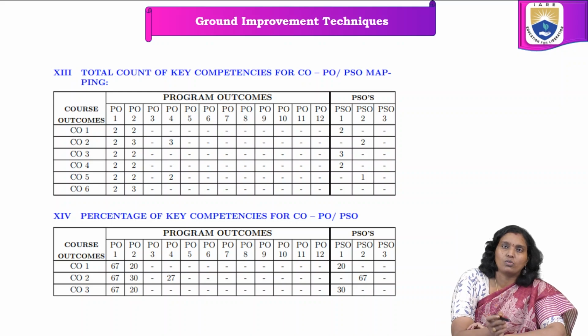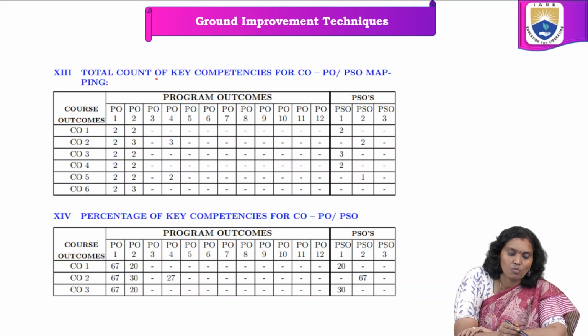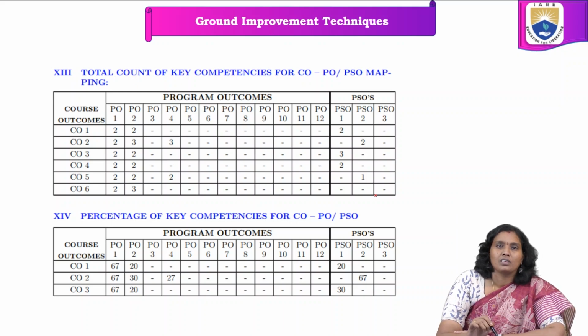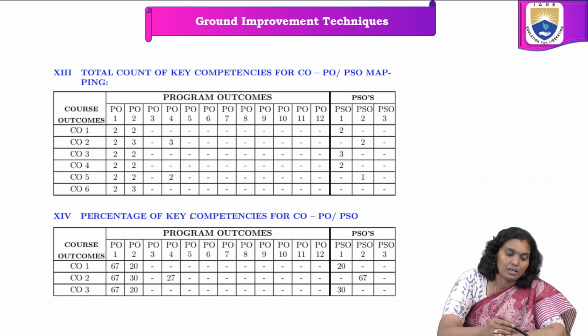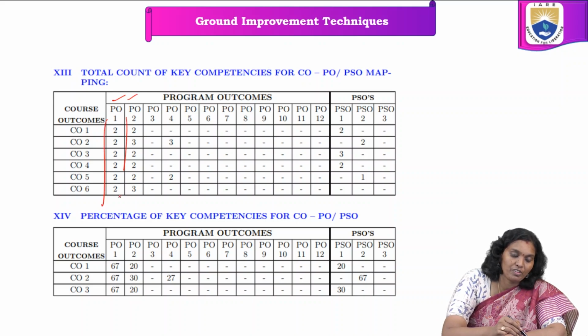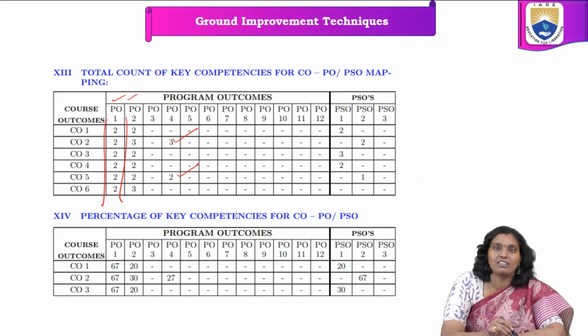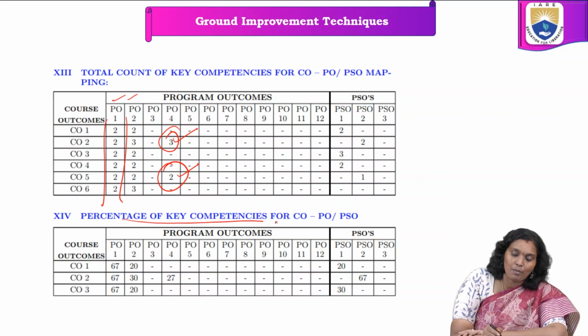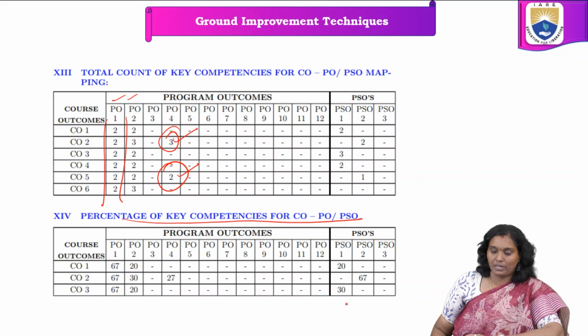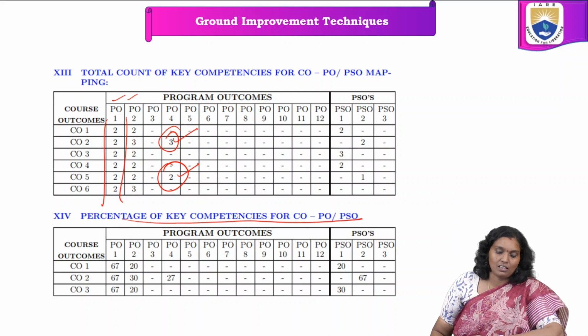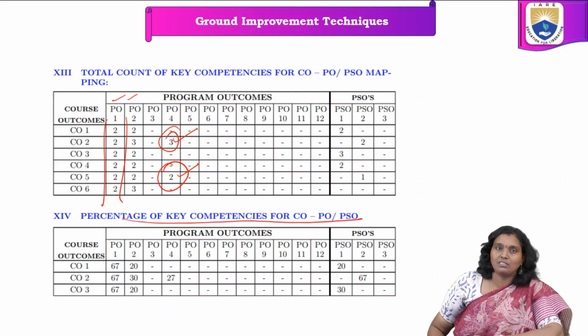Now, the total of key competencies for CO and PO mapping is like this. CO1 to CO6, PO1 and PO2 are fully mapped with all the COs. Now CO2 and CO5 are mapped with how much strength is there. So the percentage of key competencies is calculated as per the number of key competencies which are going to map in that particular thing.